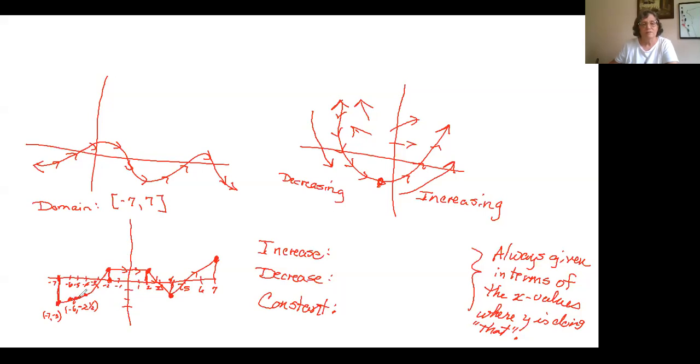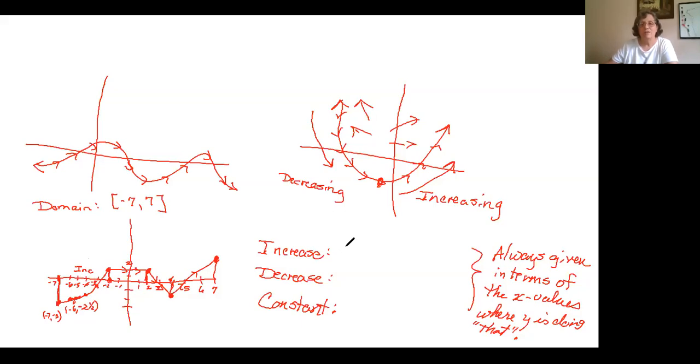Well, these values, it would be between 3 and 2. And then here the values are increasing gradually to 1, and then they increase gradually up to, say, a 2. So the y values are going from -3 up to 2, but they don't care. This is important. They don't care what the y values are. They only want to know over what set of x values the y values are increasing. So as x goes from -7 to -2, the y values are increasing.